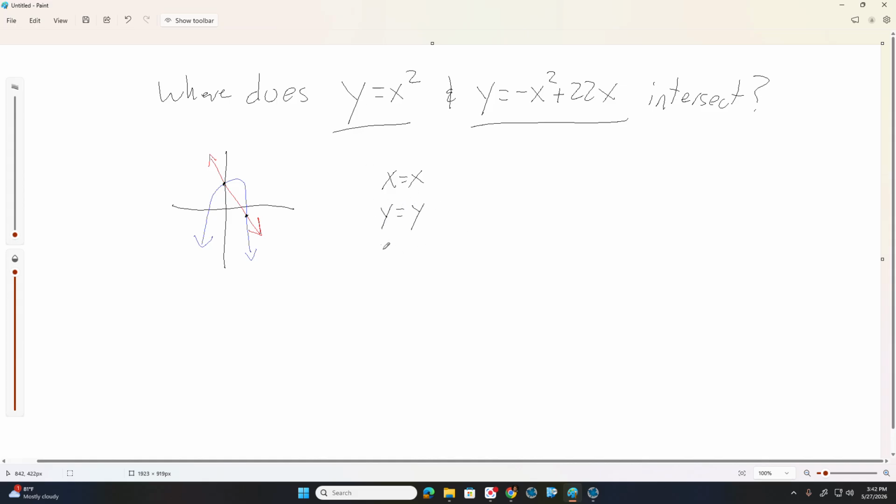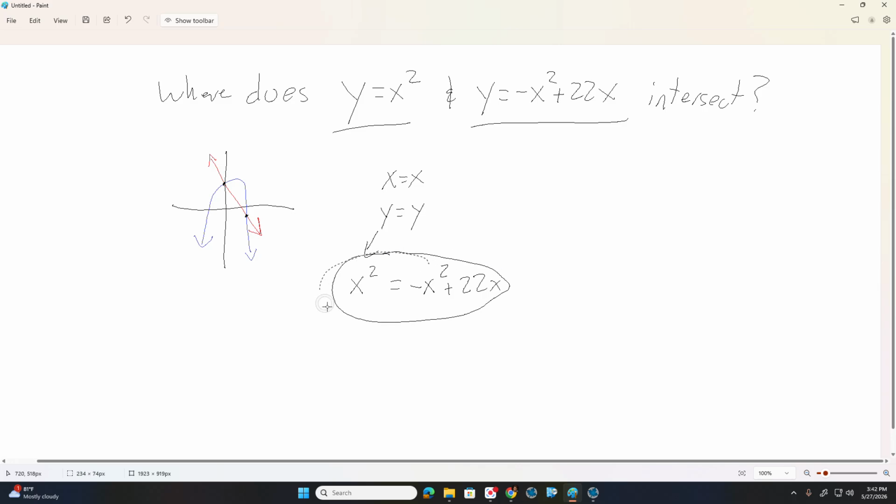But we actually have 2 different descriptions for y. This left-hand function tells us that y is x squared, and the right-hand function tells us it's negative x squared plus 22x. So the question is, for what values of x does this thing become satisfied? How can we find that?